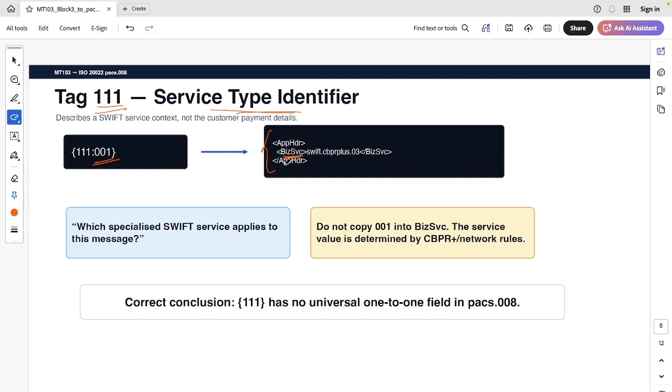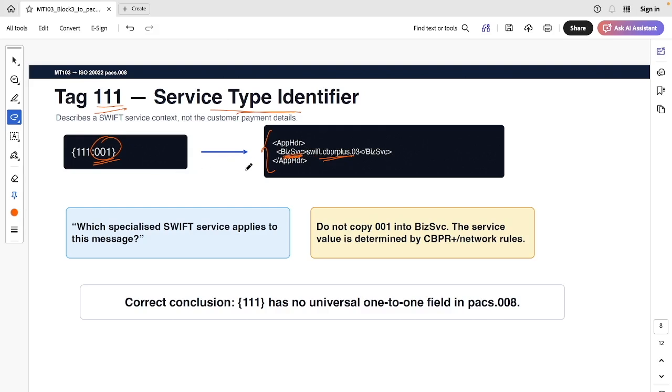It identifies the business service or usage guideline under which the ISO 20022 message is being exchanged. As you can see, this is a guideline, this particular message following CBPR plus usage guideline. However, we must not directly copy the value 001 into this particular business service element.